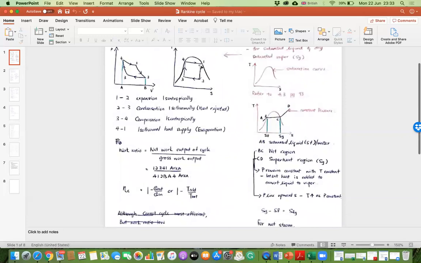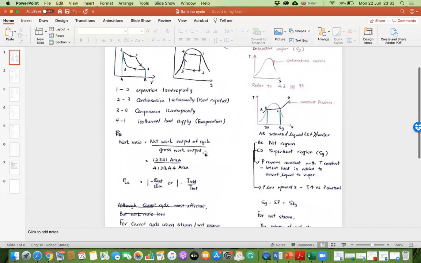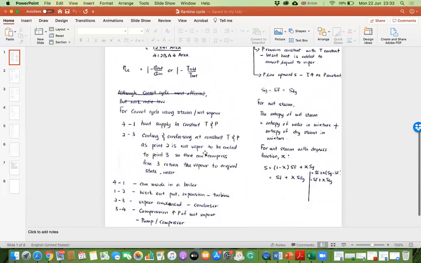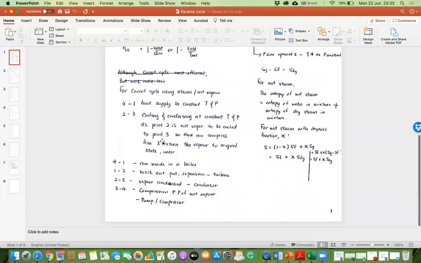Which is true, right? 2 to 3 is cooling at constant temperature. So imagine we are using steam or wet vapor. We can convert the whole process so that 4 to 1 is Q in, where we can use the boiler to boil the steam.